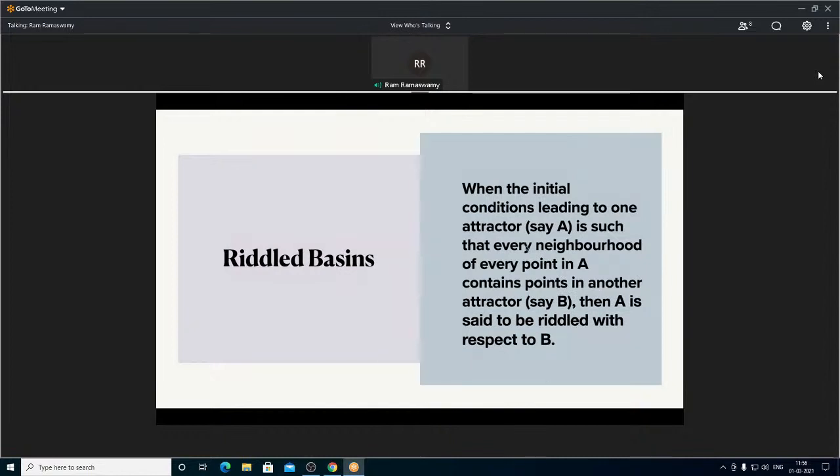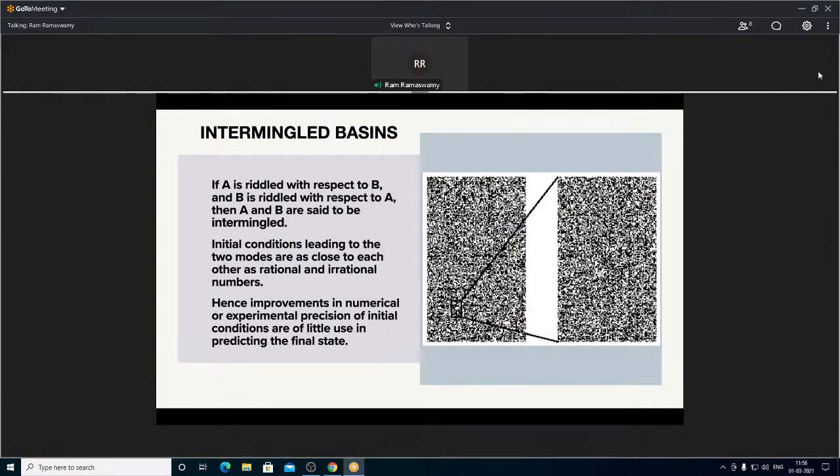Now, supposing there are 2 attractors, and you've got the basin of attractor A and the basin of attractor B. If the points that lead to attractor A are such that every neighborhood arbitrarily close by, there's a point that will lead to B, then you say that attractor A is riddled with respect to B. On the other hand, if A is riddled with respect to B and B is riddled with respect to A, then these 2 attractors are said to be intermingled.